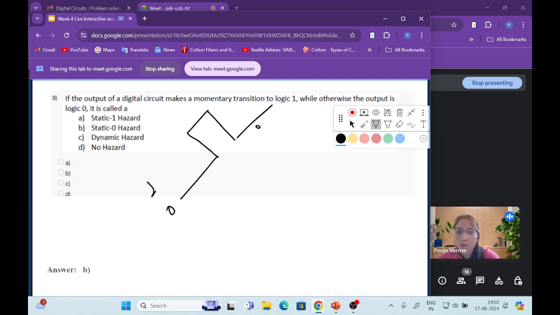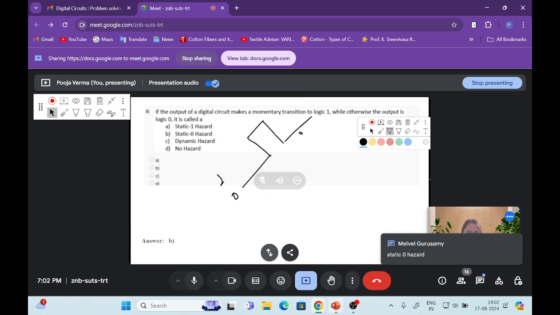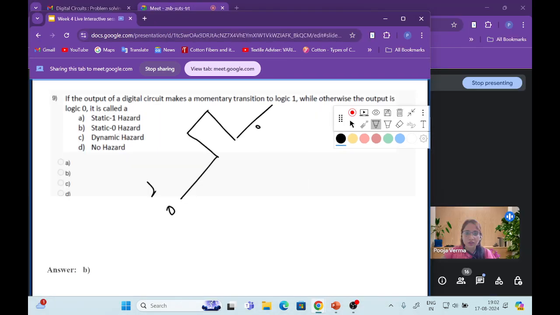If the output of a digital circuit is at logic 0 only and it makes a momentary transition to logic 1, it is called a static 0 hazard.